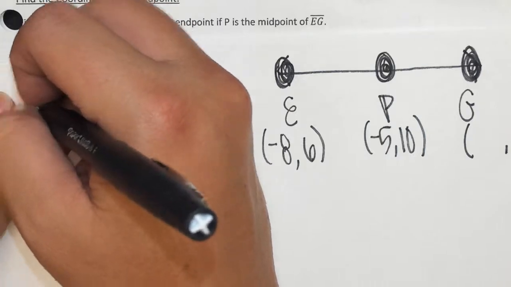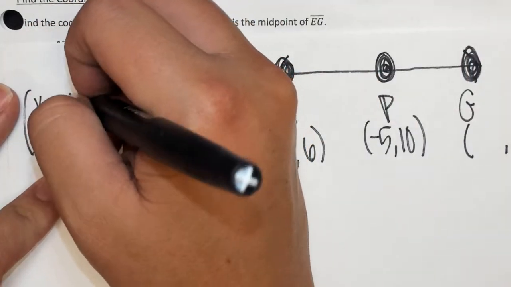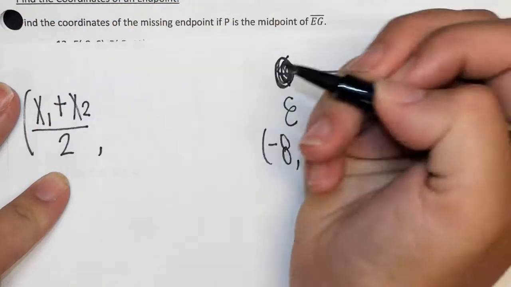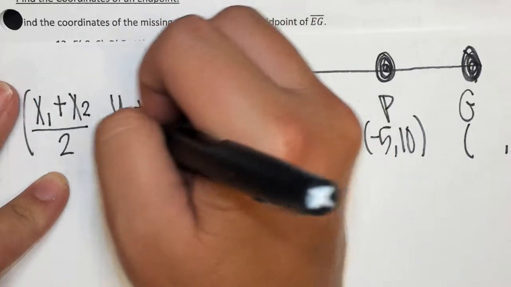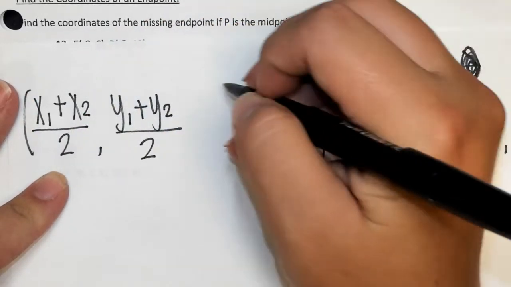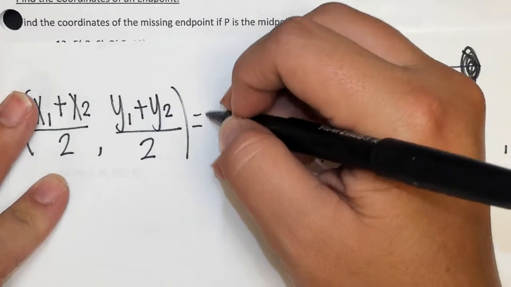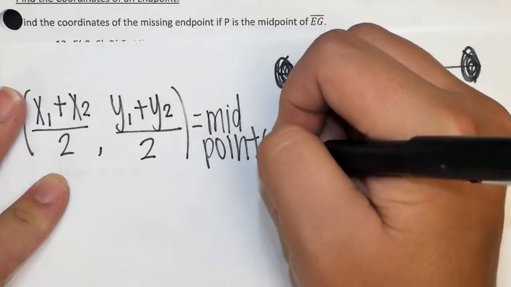Do you remember what it was? X1 plus what? X2 divided by 2, and then add your y's. Y sub 1 plus y sub 2 divided by 2. What does that equal? What did I just find? Midpoint. Good. You just found your midpoint.